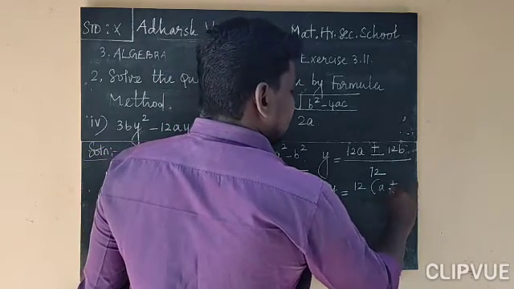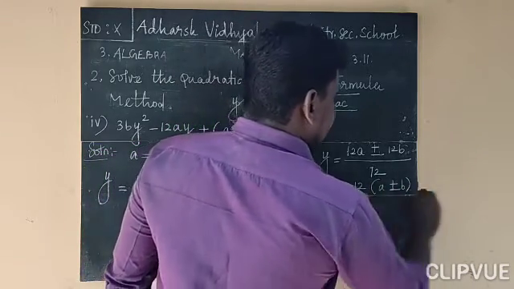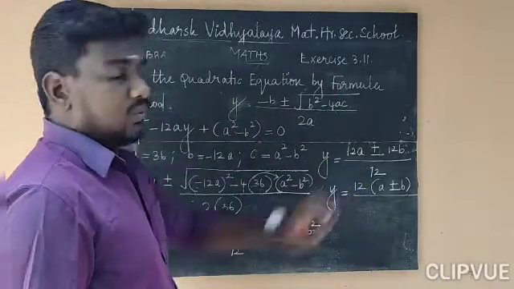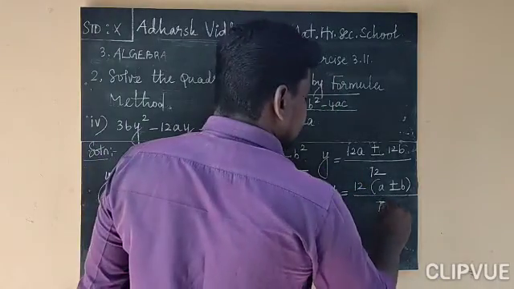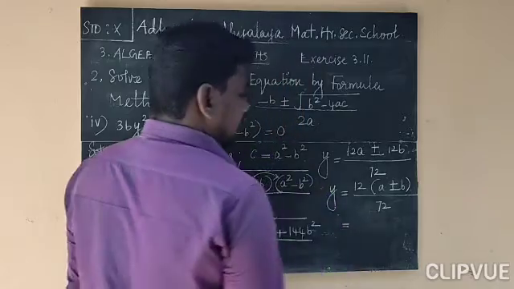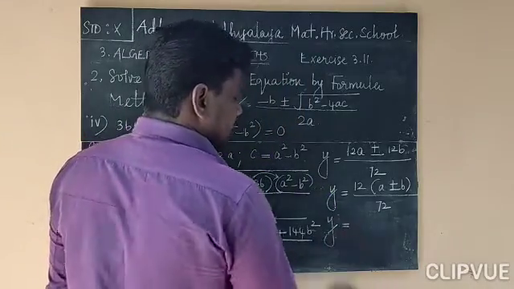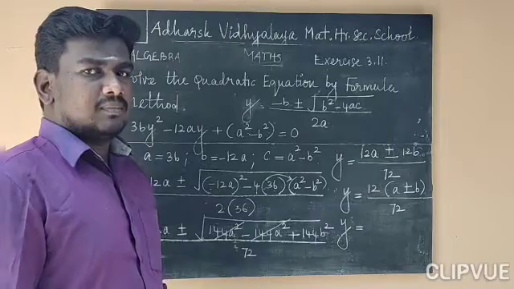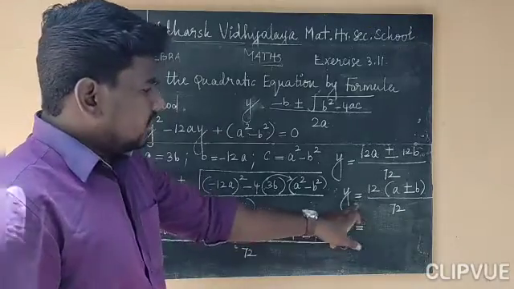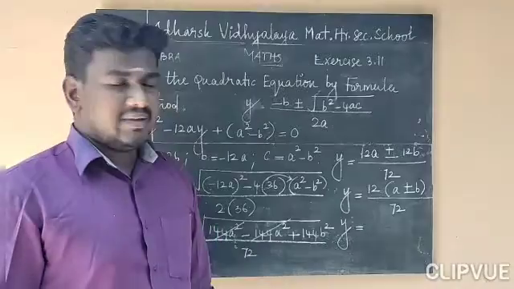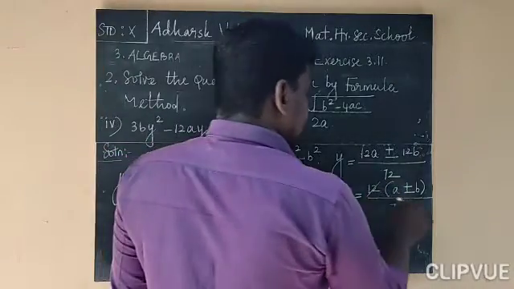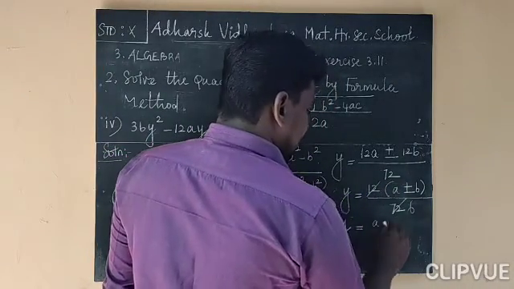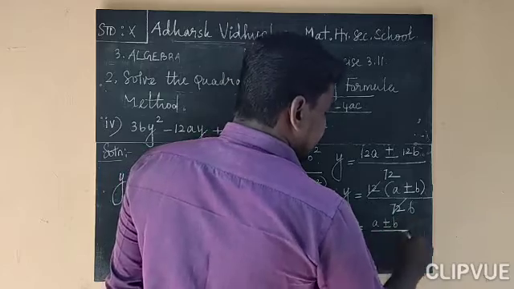So a plus or minus b divided by 72. Here y is equal to 12 of a plus or minus b divided by 72. Here 1 time 6 times, so you will get a plus or minus b divided by 6.